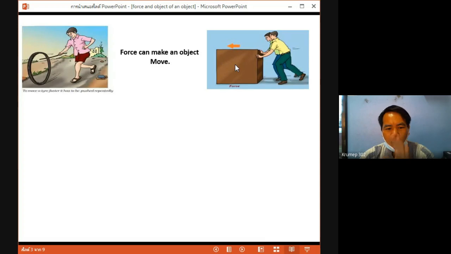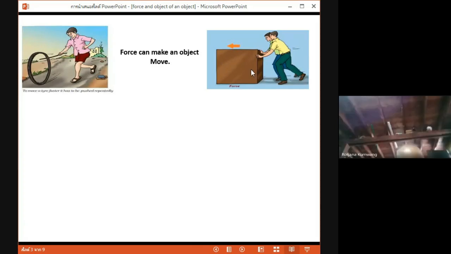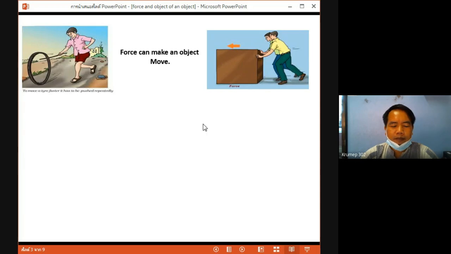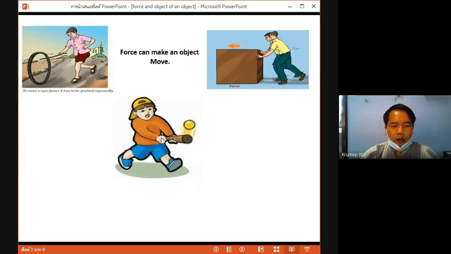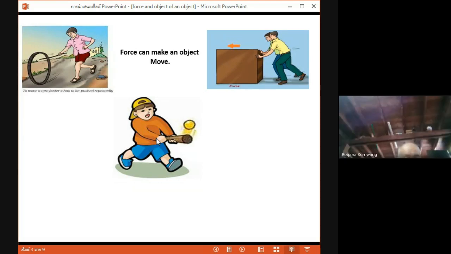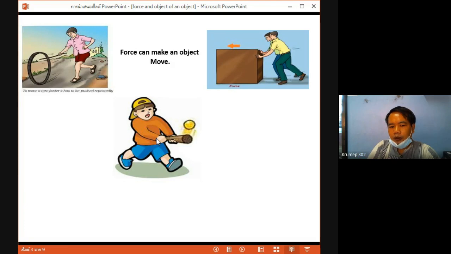They push the table. And we have here a boy batting the ball, going up, down, up, down. So the boy is making the ball move by using a bat.